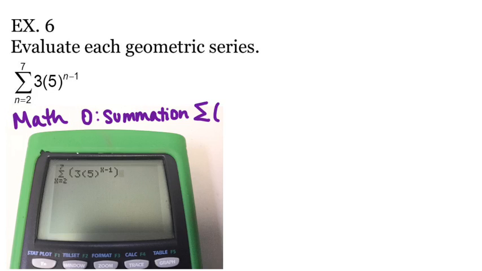And then you type your equation just like it is in the problem. We could plug in 2, 3, 4, 5, all the way to 7 and find out what the sum of this series is, but your calculator has this summation notation for you. As long as you plug everything in correctly, you'll get it right. So the sum of this series is 58,590.